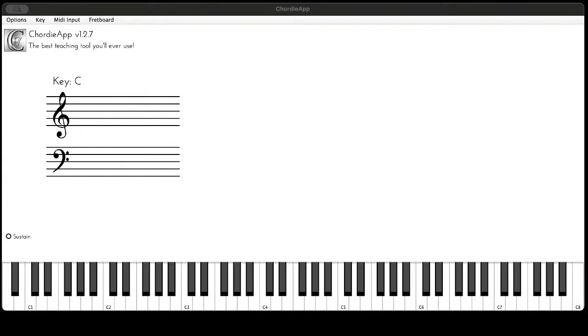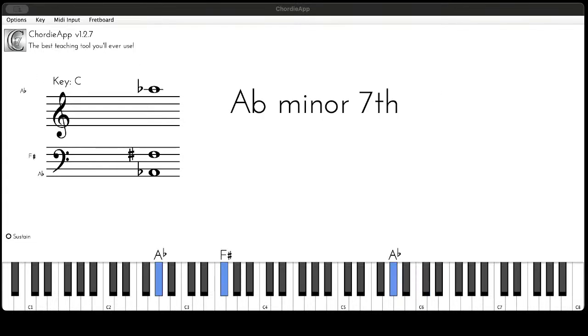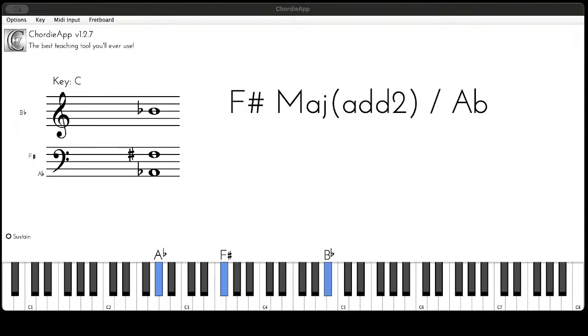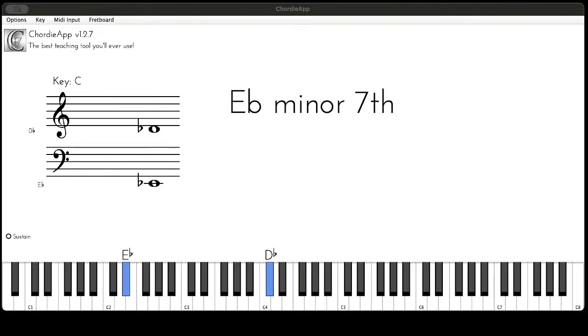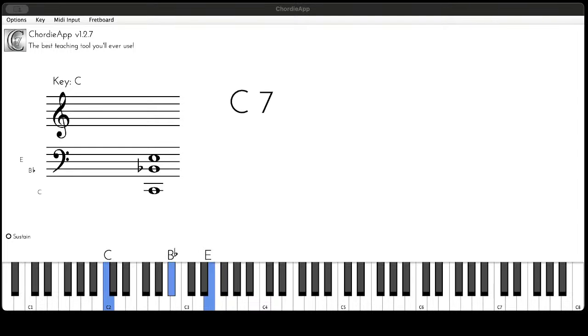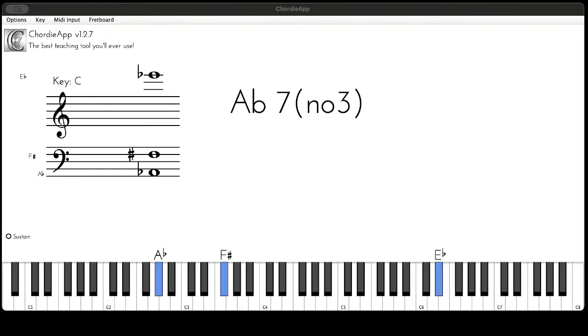Next four bars. 2, 3, 4. Two, three, four.